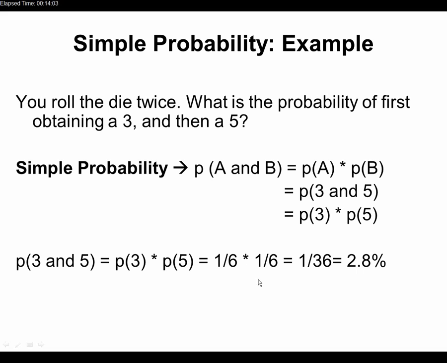When we reduce it, it's 1 divided by 6 times 1 divided by 6, which equals 1 divided by 36, equals 2.8%. That's simple probability, and that's what we've been doing here. So P(3 and 5) equals 2.8%.